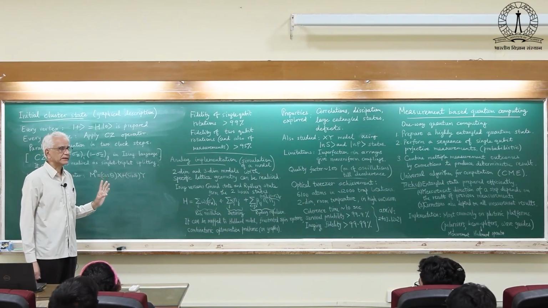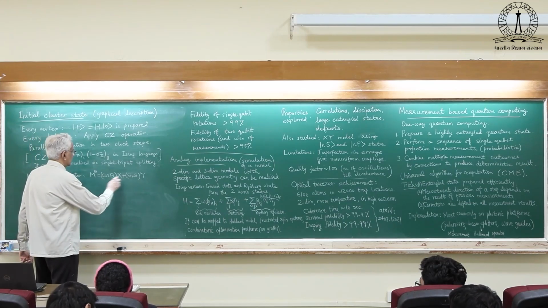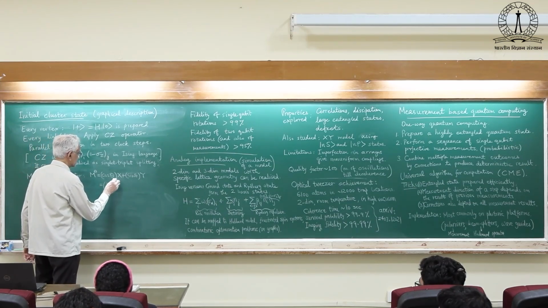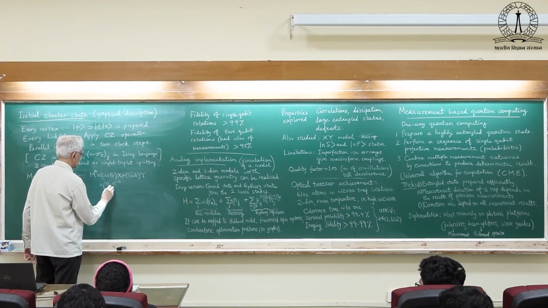This is enough to realize, and this is what is used, and you can write this quite simply as a 2 by 2 matrix. So, x and this is y. So, the structure is this.